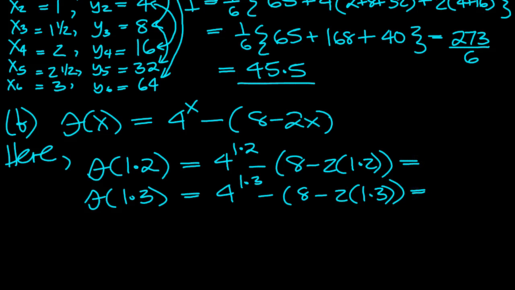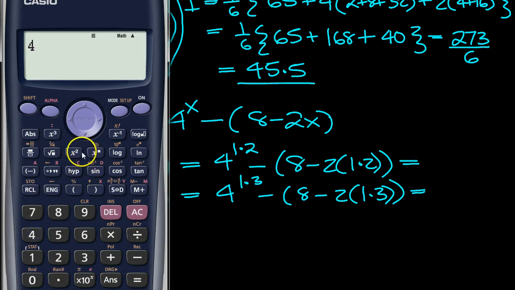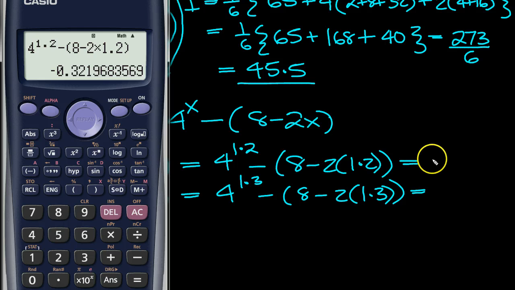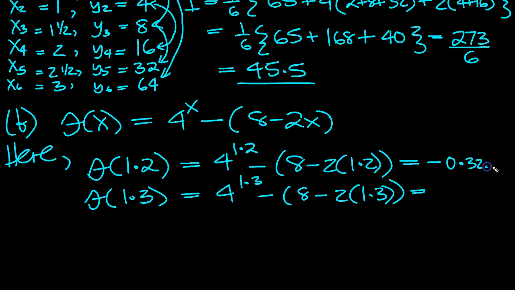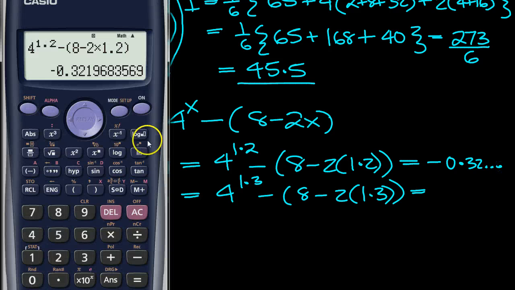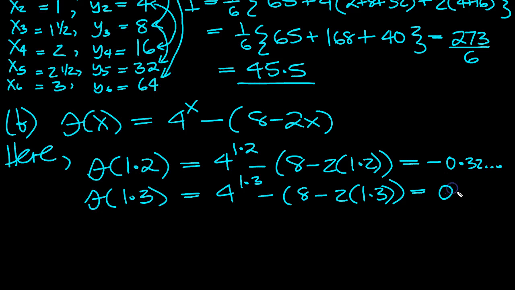So we need to tap those in the calculator. 4 to the power 1.2 minus bracket 8 minus 2 times 1.2 equals minus 0.32. Then we change 1.2 to 1.3 and get 0.66.